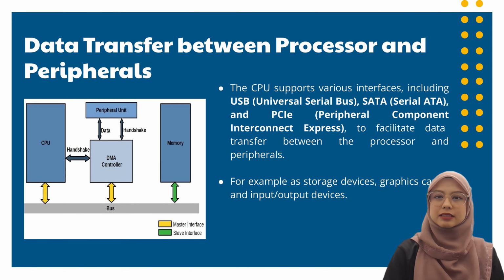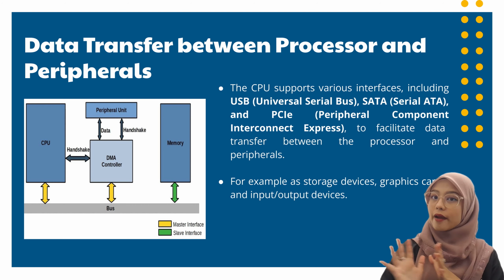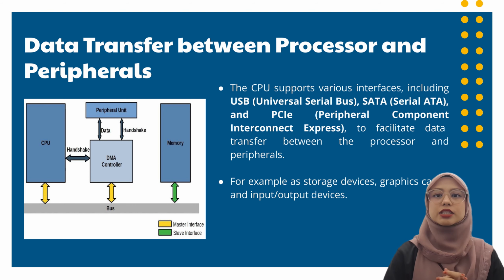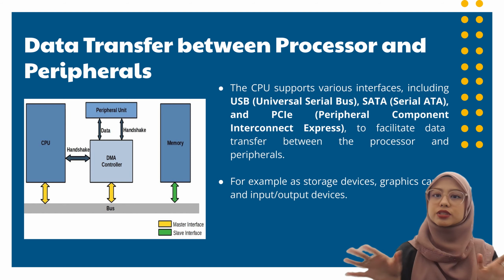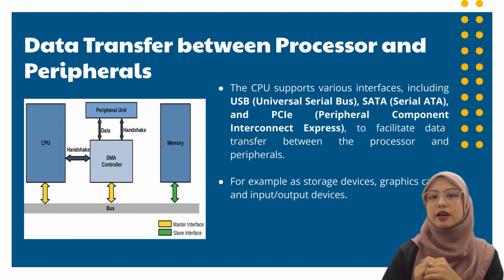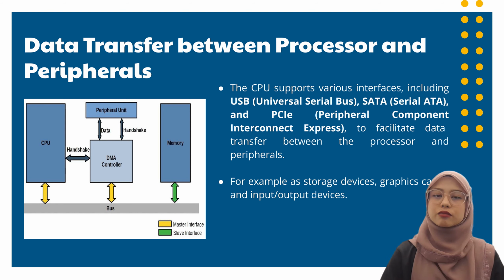To enable seamless data transfer between the processor and peripherals, the first generation Intel Core i3 CPU integrates support for several interface standards. The Universal Serial Bus, USB, interface allows for easy connectivity with a wide range of external devices such as keyboard, mouse, and storage devices. The Serial ATA, SATA, interface enables high-speed data transfer to and from hard drives and solid-state drives.